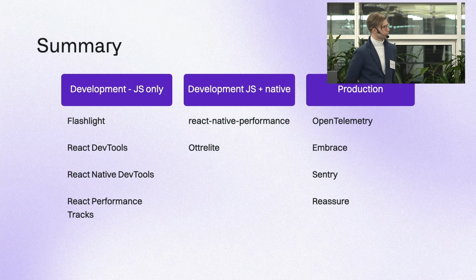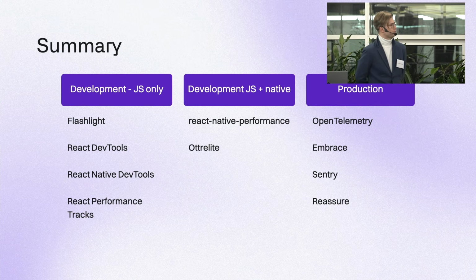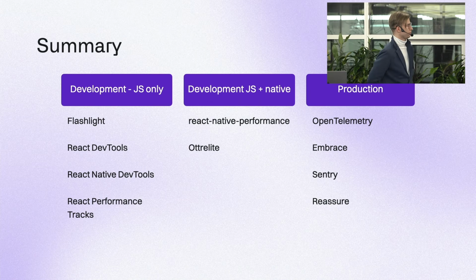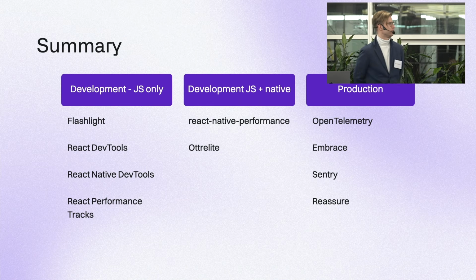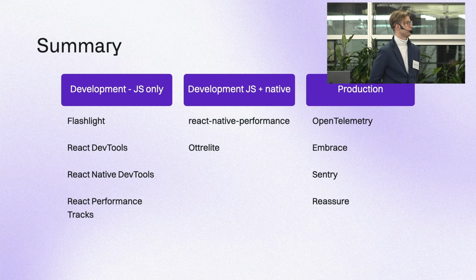And in production, I will start from the end because it's a different category. For some, it's not maybe production, but it's still development, but not in the development build, but CI automation on the server. So you can use Reassure to keep track of the metrics before, for instance, you merge a PR to ensure it doesn't break some metrics in an unexpected place.